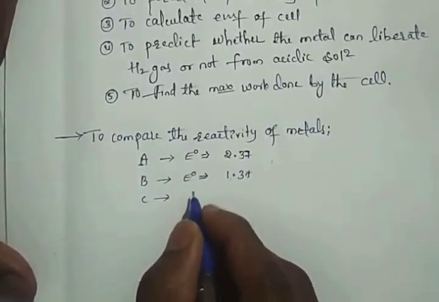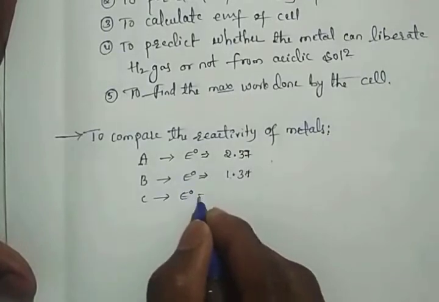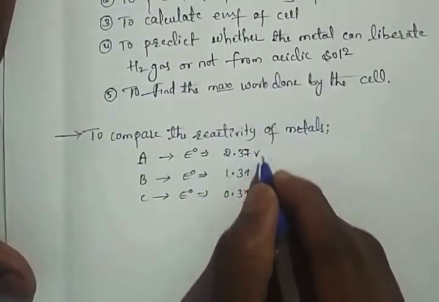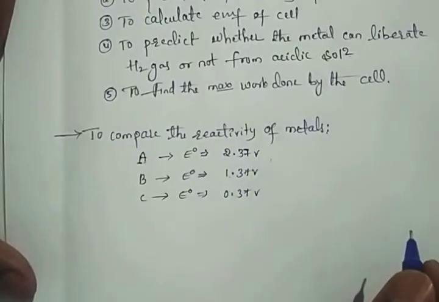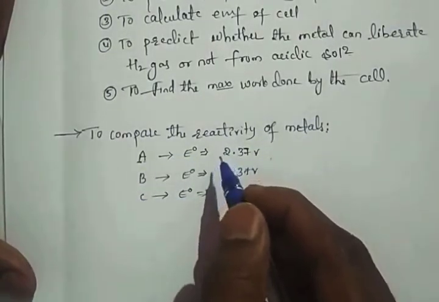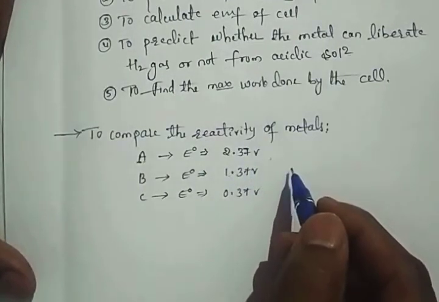For electrode C its value is 0.37. Which one is more reactive among these? How are we going to predict that?